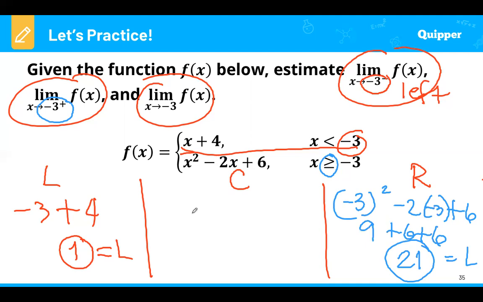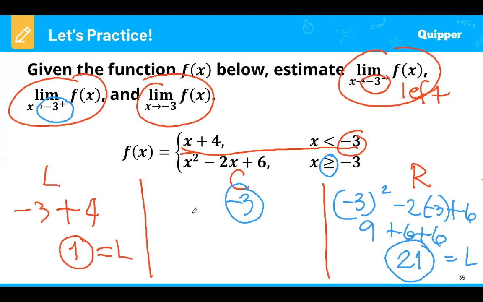Okay? Now, how about C? Limit of f of x if x approaching negative 3. So ang pinaka-given na number is negative 3. Tama? So may limit ba yung negative 3 na yan? Tandaan, reminder, para mahanap yung limit, if it exists or does not exist, we need to know the values of left and right.